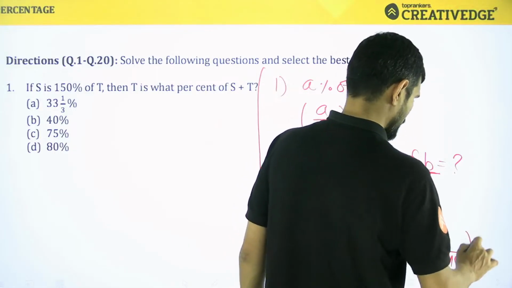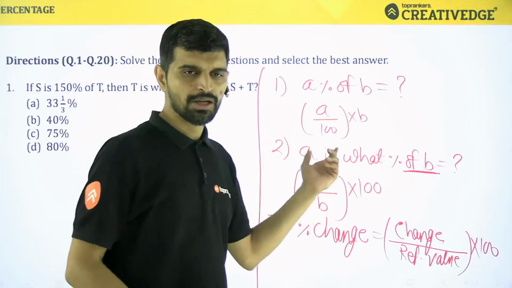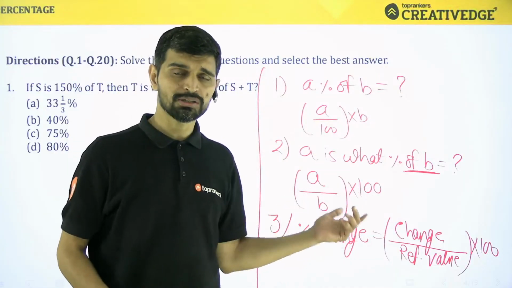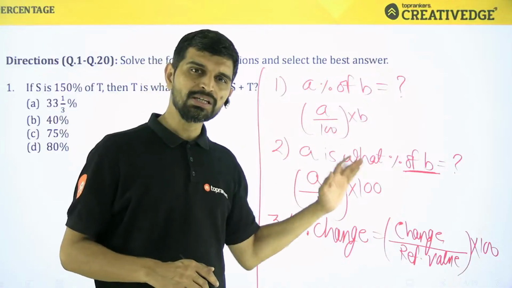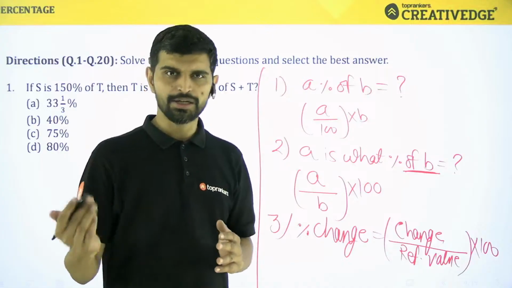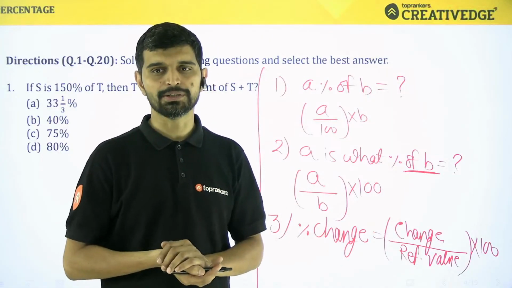This entire thing needs to be multiplied by 100. It is a slight variation of question number two, type two, a slight variation is type three. All right, so these are three things which, if you understand properly and identify, you will not face difficulty solving percentage.